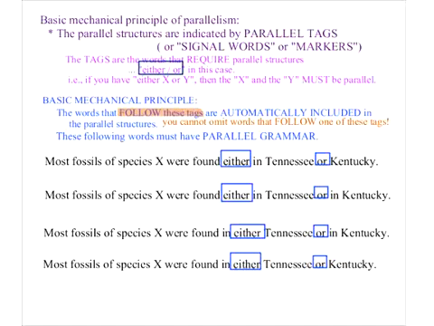So, for instance, this is a tag, or there is a tag, and then what are the word or words that follow that tag? Go ahead and type in the text box. That tag is followed by Kentucky, just Kentucky.